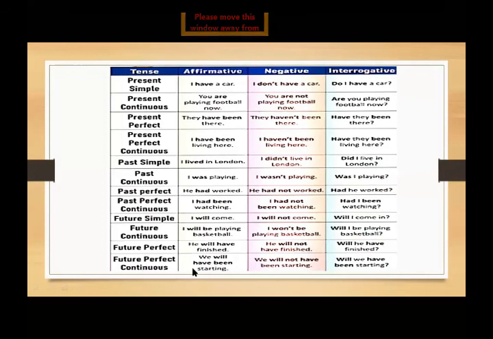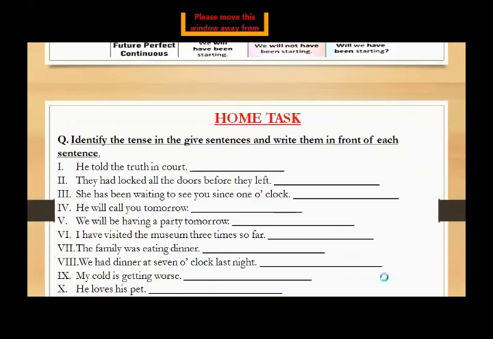The future perfect continuous: We will have been starting. Negative: We will not have been starting. Interrogative: Will we have been starting? So this is the summary of all the tenses.